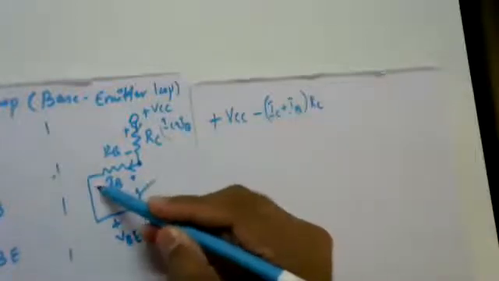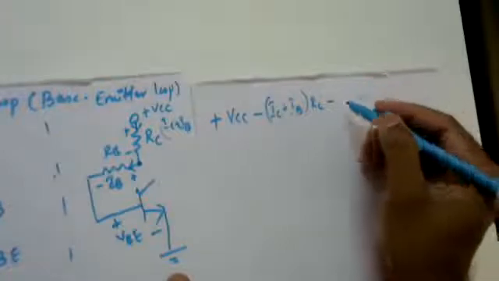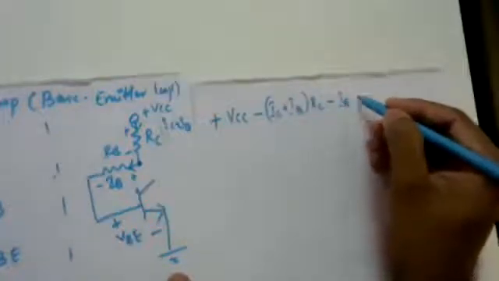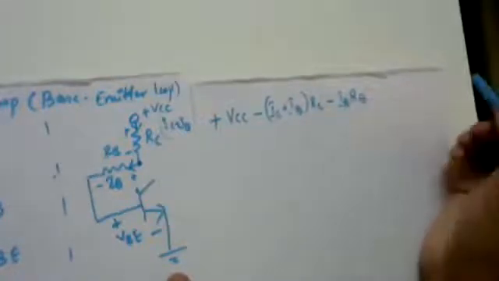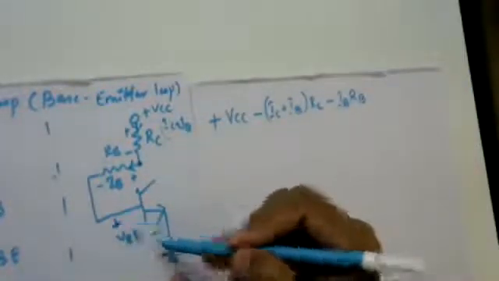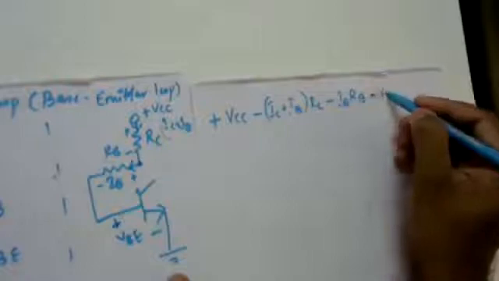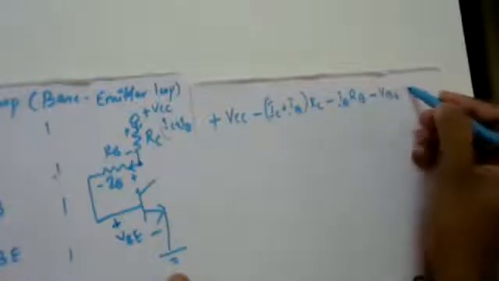Then the current that flows through this resistance is IB. Again, this is positive, this is negative, a voltage drop, minus IBRB. Then positive to negative, minus VBE is equal to 0.